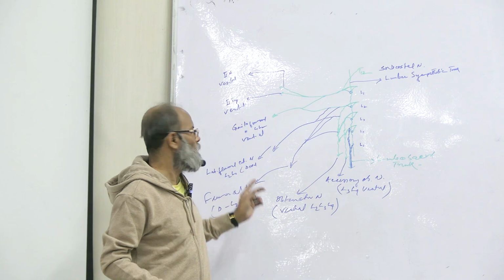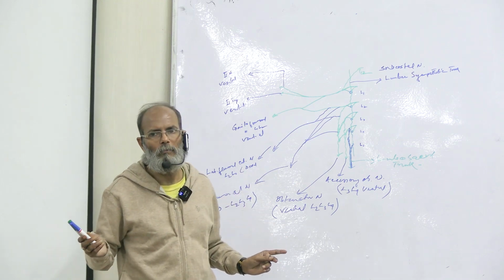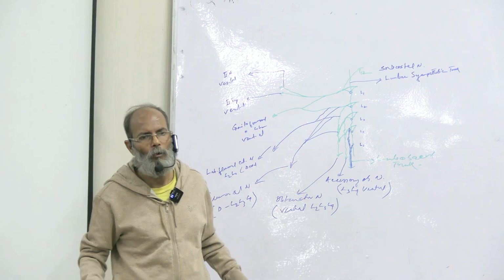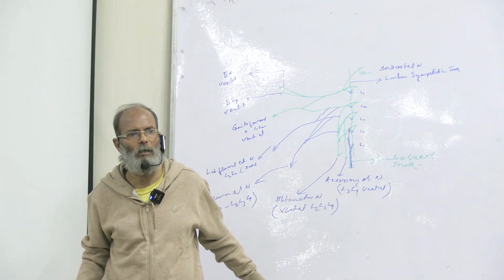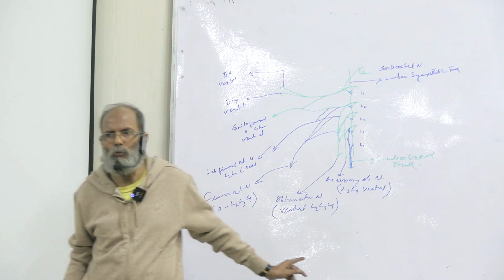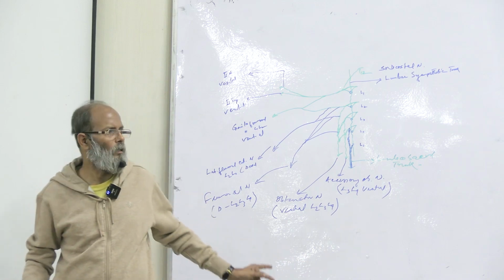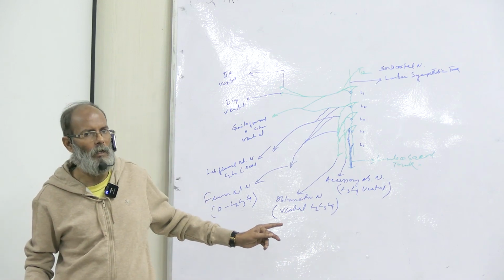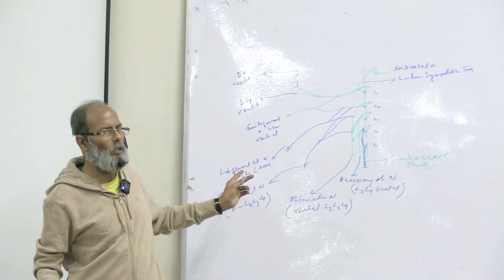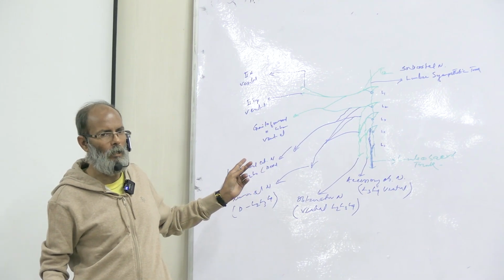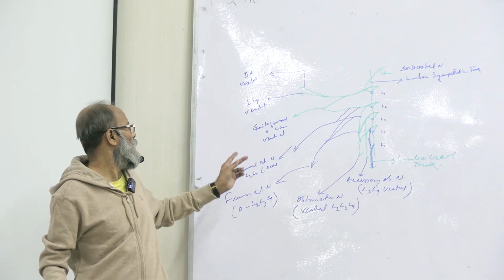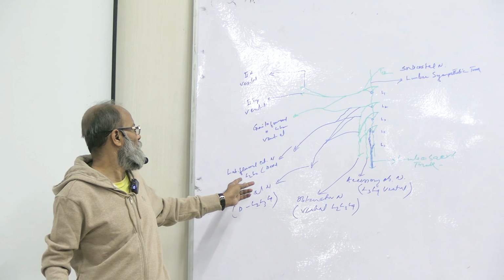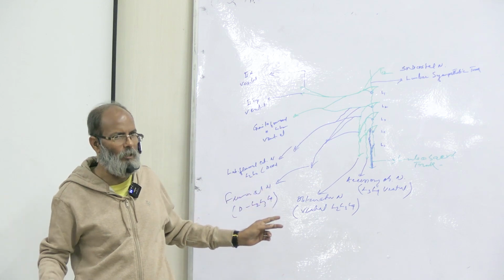Next comes the lateral femoral cutaneous nerve, that is L1 and L2. The blue color suggests that these are the dorsal branches of the ventral rami. So the lateral femoral cutaneous nerve is the dorsal branches of the ventral rami of L2 and L3.